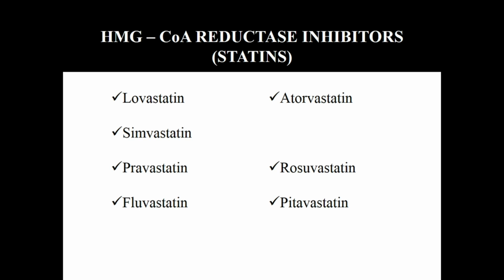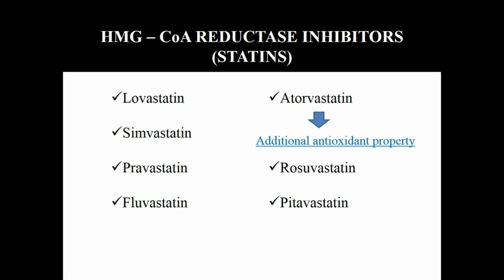These are the various HMG-CoA reductase inhibitors, otherwise known as statins. The commonest used drugs here are atorvastatin, rosuvastatin, and lovastatin. If you see those drugs, they are all written in your KDT, so no issues. Apart from this, rosuvastatin and pitavastatin have an additional antioxidant property.